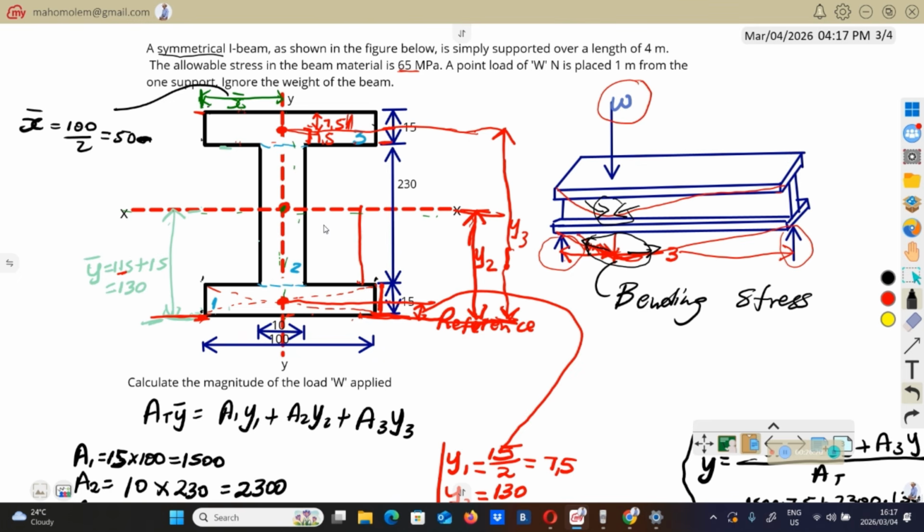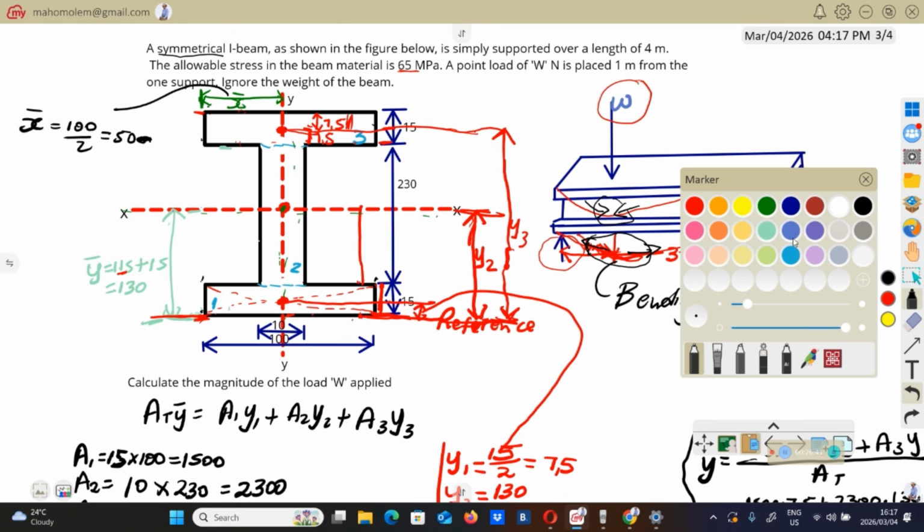Let me leave the unit, 50 millimeter. So meaning that from here to there is 50 millimeter. So when you measure these distances, x1, x2, x3, x4, make sure that you measure them from one reference.